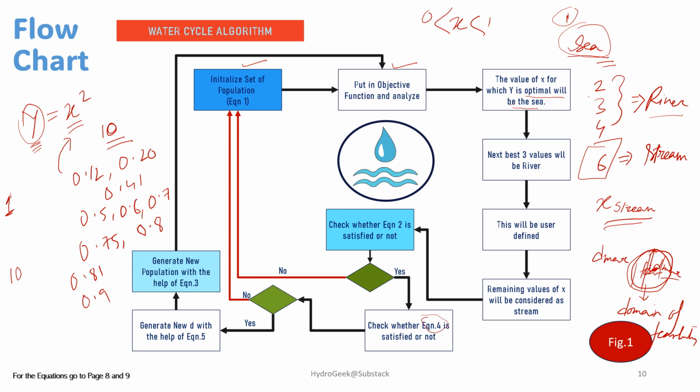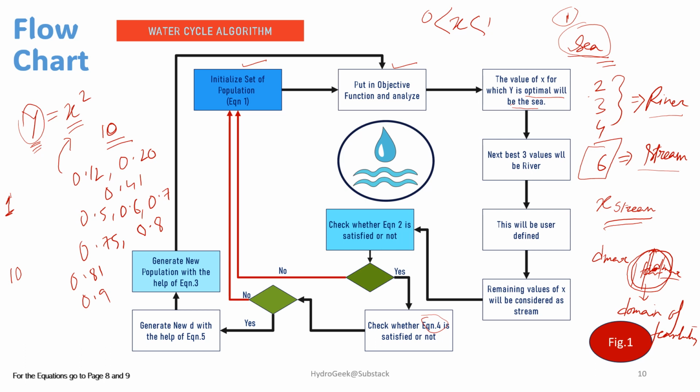But for now, let us take that the X's must satisfy equation 2 and equation 4. What is equation 2? The total number of streams. What is equation 4? The maximum distance from where you can collect X. Actually, this distance also indicates the distance within which, if any droplet of water is evaporated, it has an impact on the streams, rivers and sea.